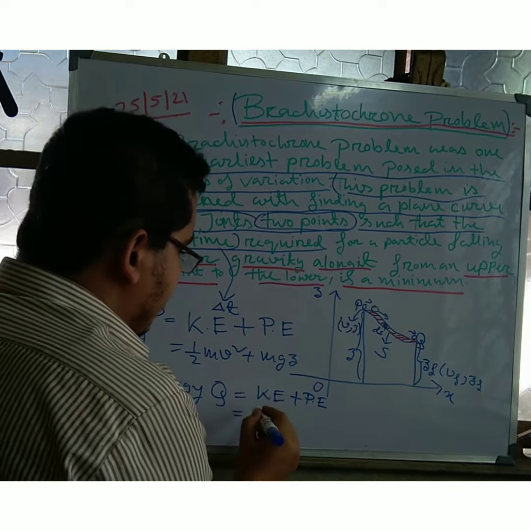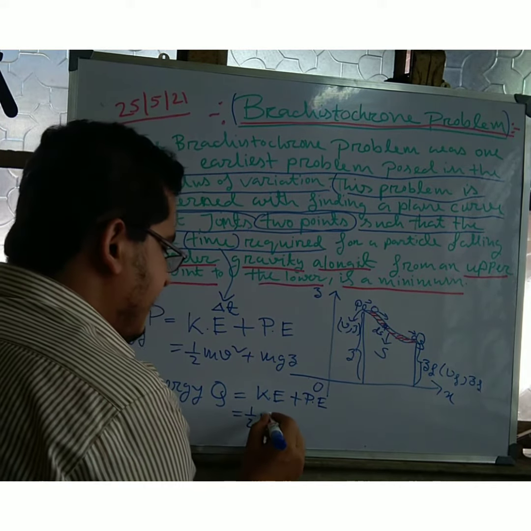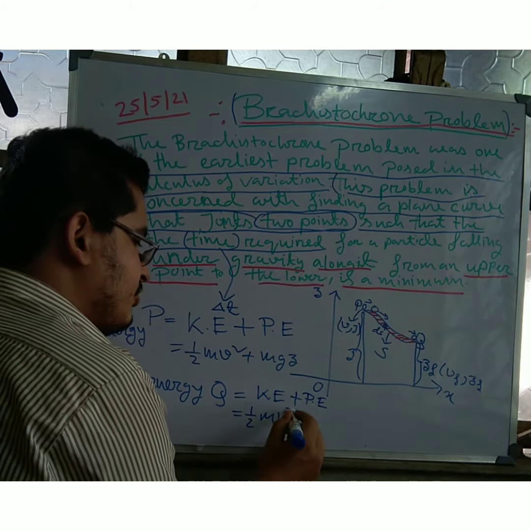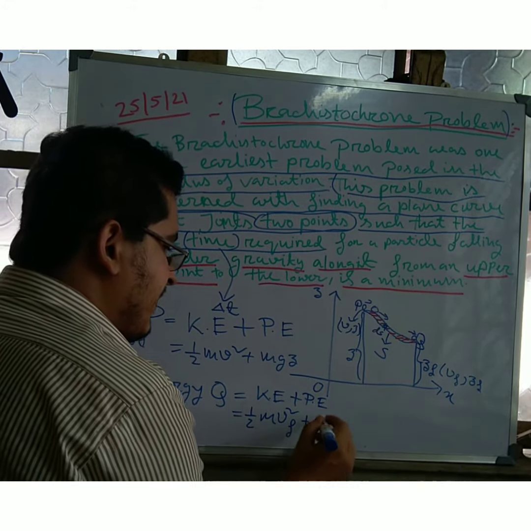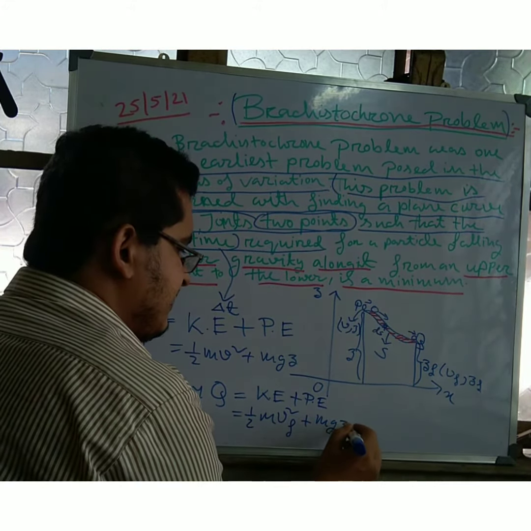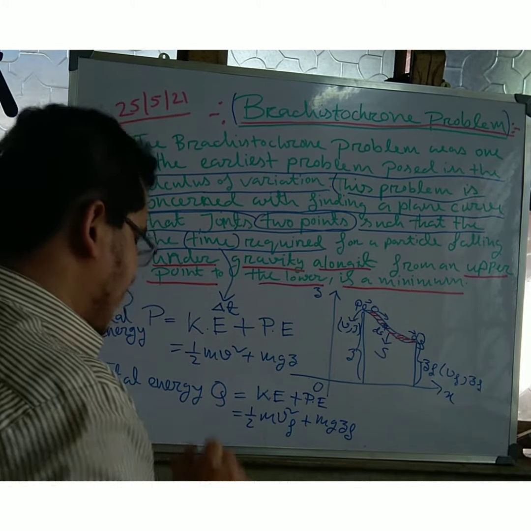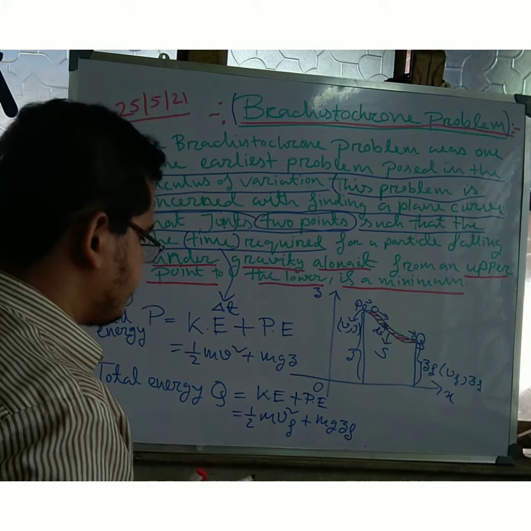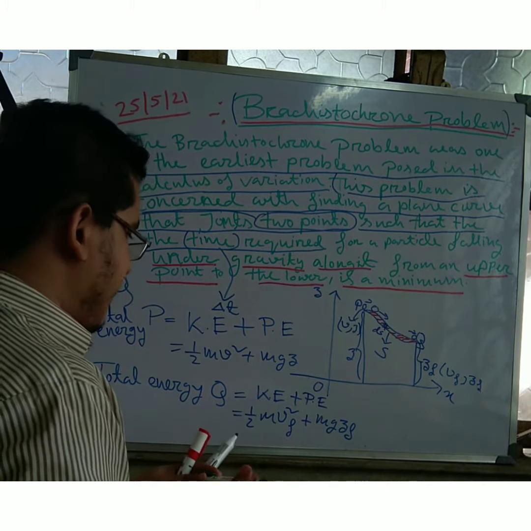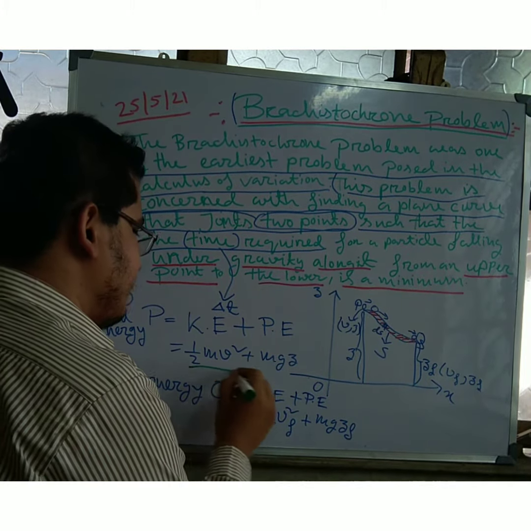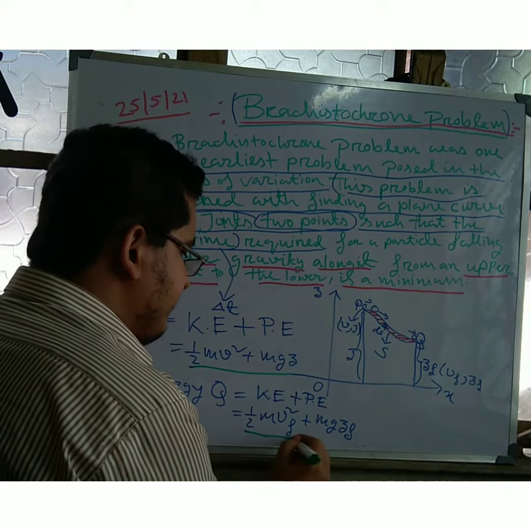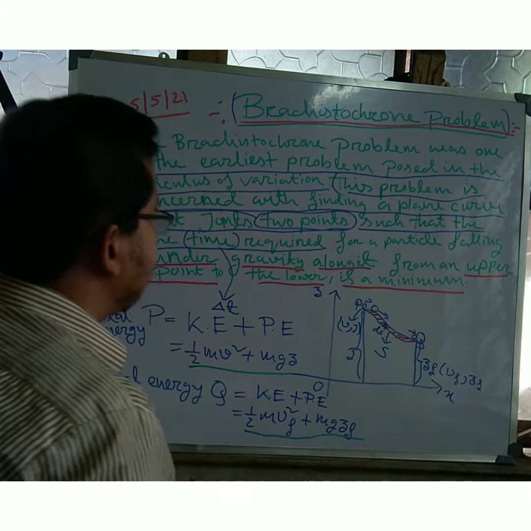And now it is half m v square F plus m g ZF. That is the problem. Half m v square plus m g Z, you must remember, and half m v square F plus m g ZF.